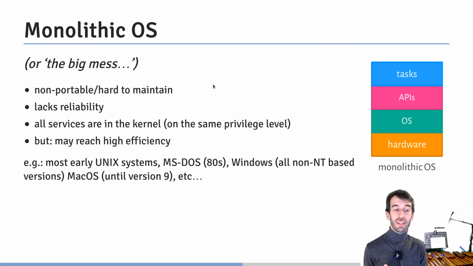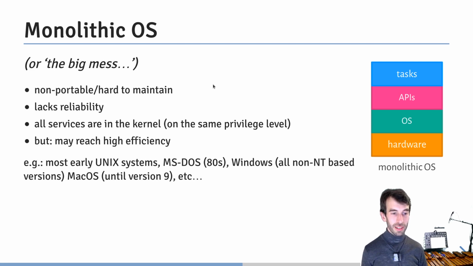There are some good things about this. As I said, they can be really efficient, because if you're just designing one program to be your whole operating system, a monolithic program, then you can optimize the heck out of it, right? You can make sure that everything is working together in the absolute most efficient way.